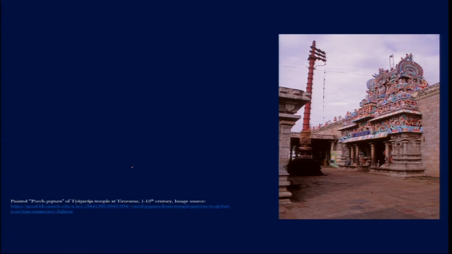Now, perhaps one difference we might find in terms of the use of colors today is that there are many sites or temples, for example, the one we have on screen.